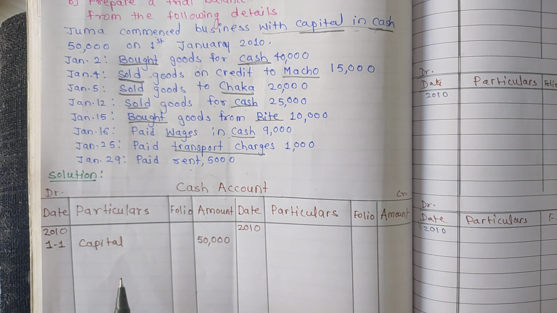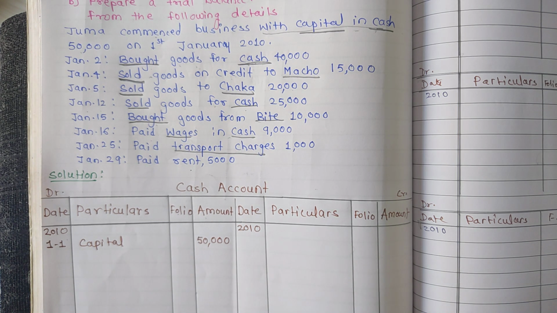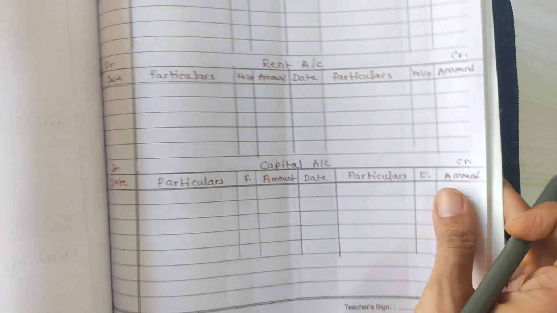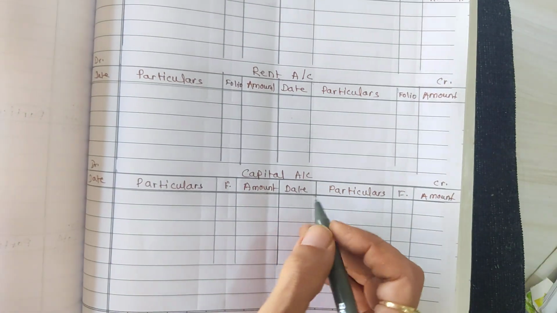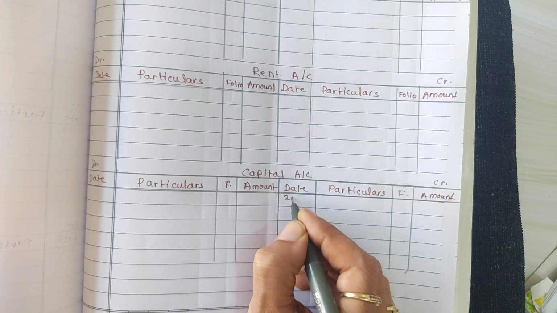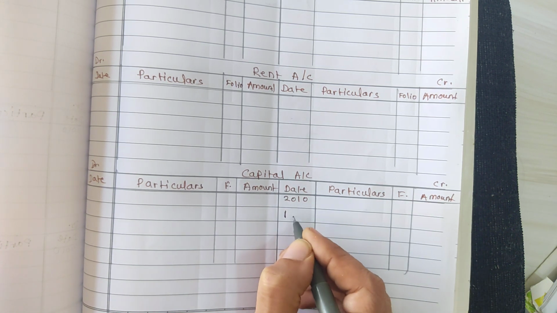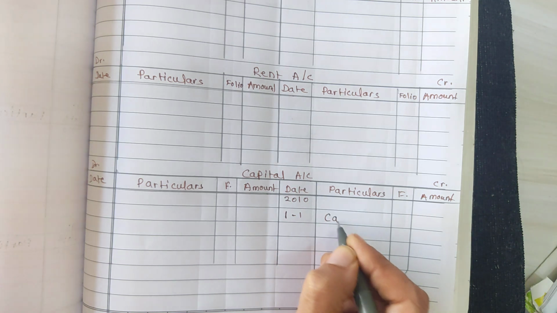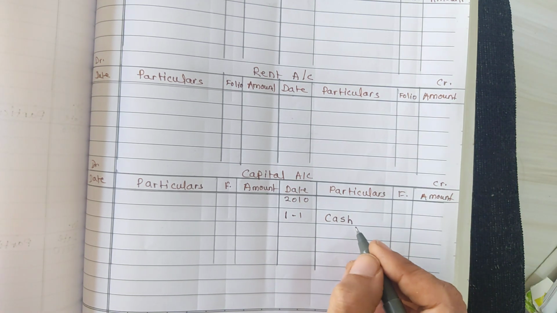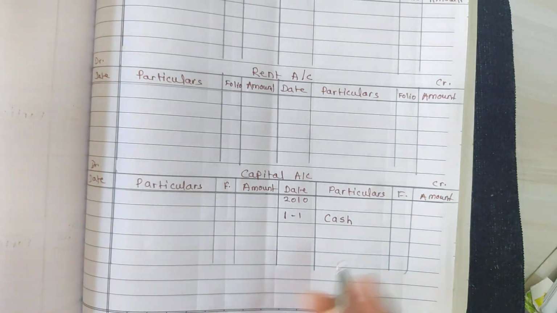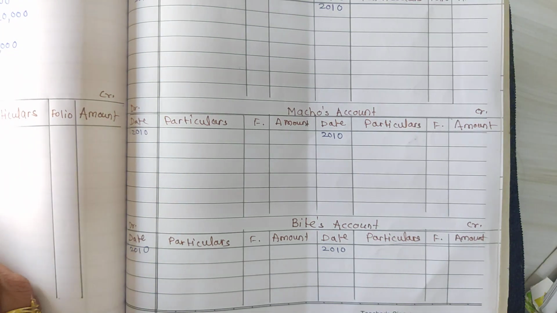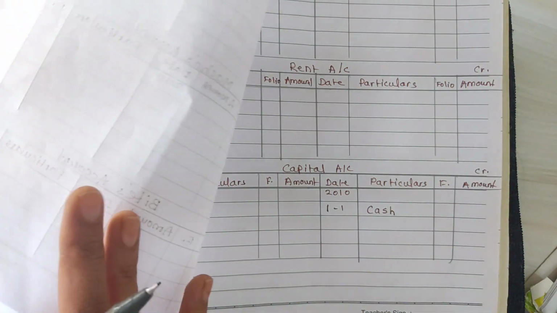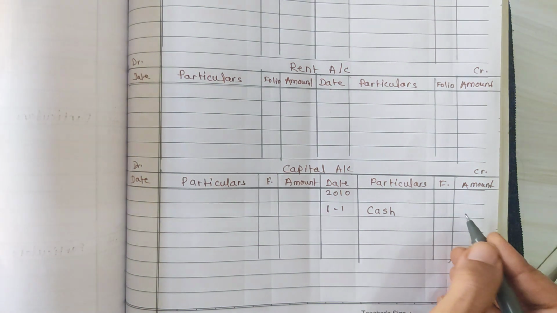So in the capital account you have to give effect on the credit side. On the 1st January, while writing here you will write down cash, that is the name of the account which is debited. So in the cash you are writing on the debit side, and in the capital you will write on the credit side.